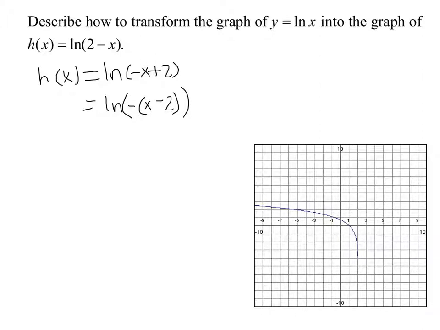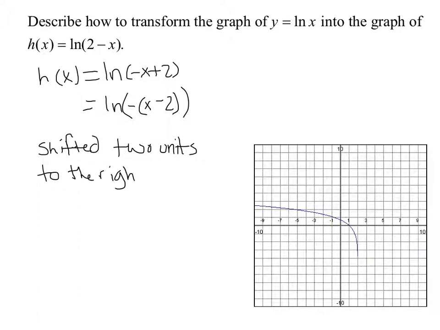So now you would say, well, got to get the order right. First it was shifted 2 units to the right because of the minus 2, and then reflected over the y-axis.